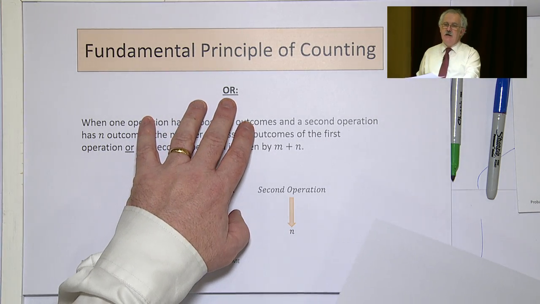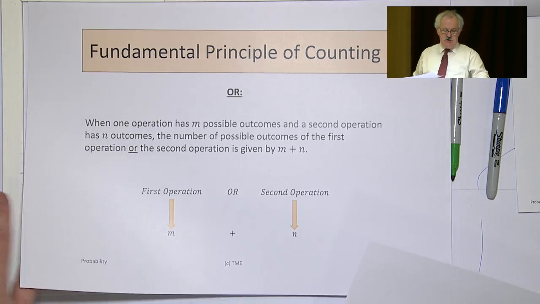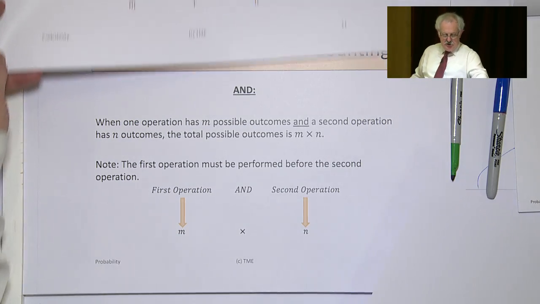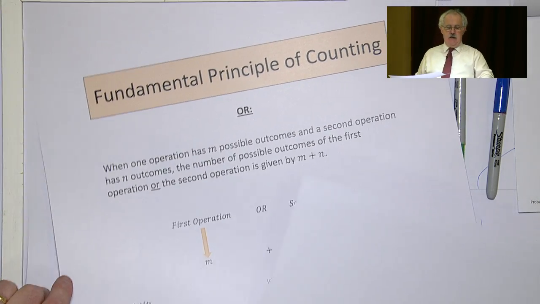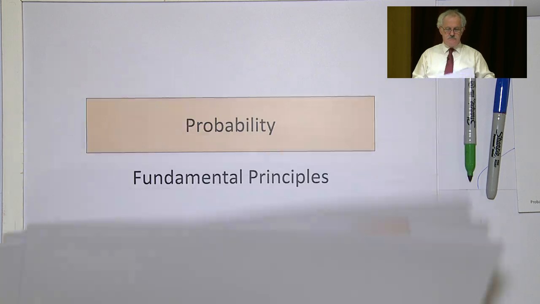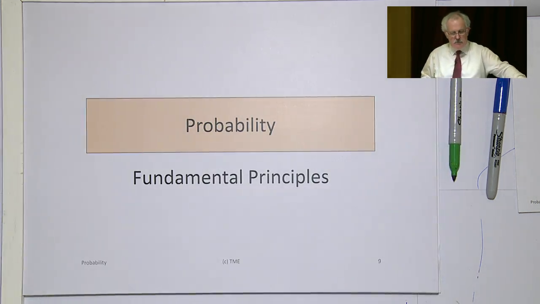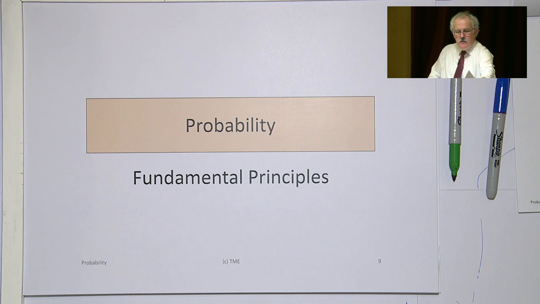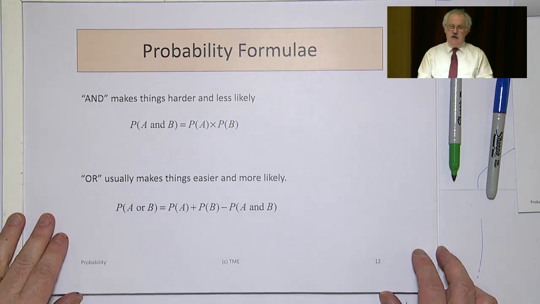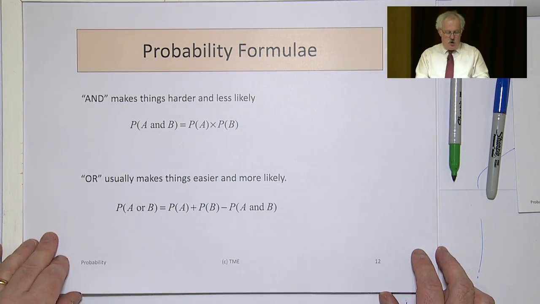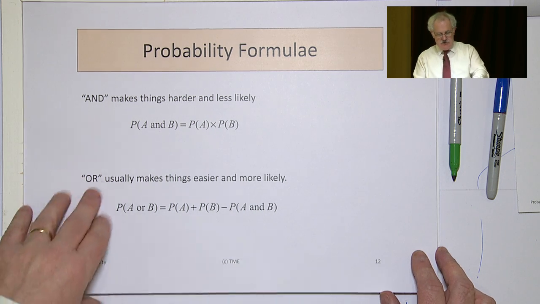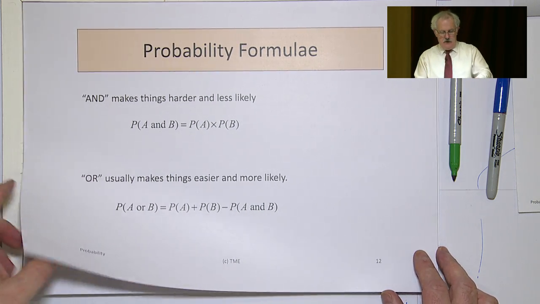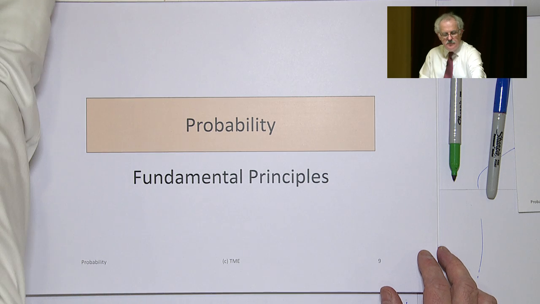Well, here it's saying for the OR, you're using addition, and for the AND, you're using multiplication. And let's see how that might work. There are two formulae there as well, in relation to and and or, and we'll come back to those just later to clarify this section.